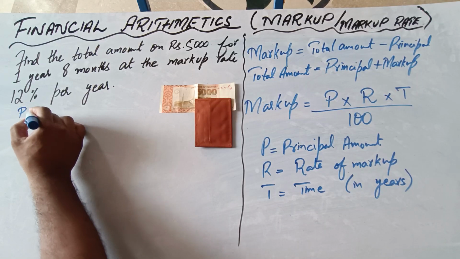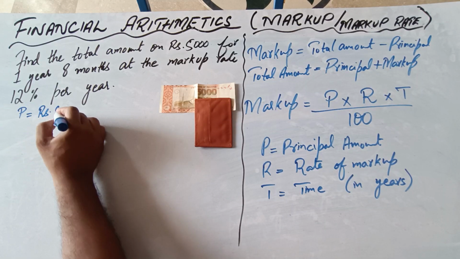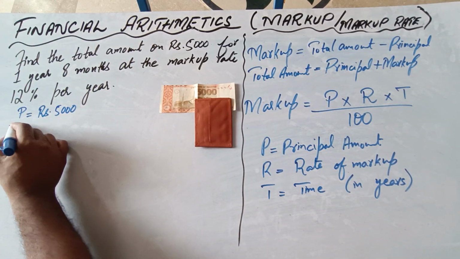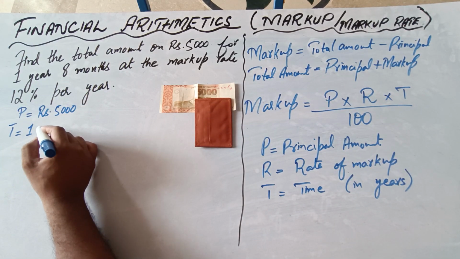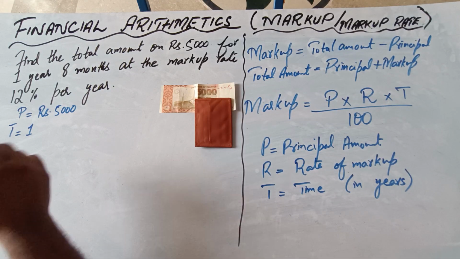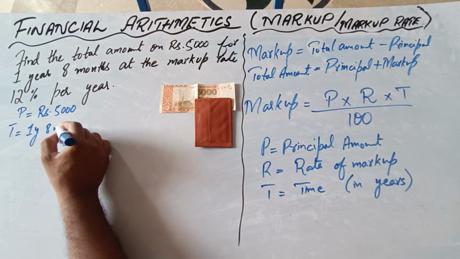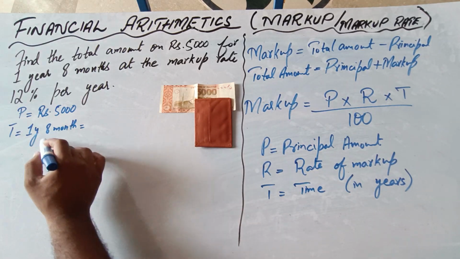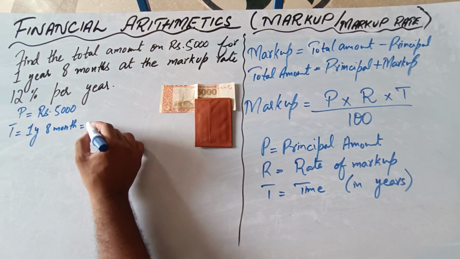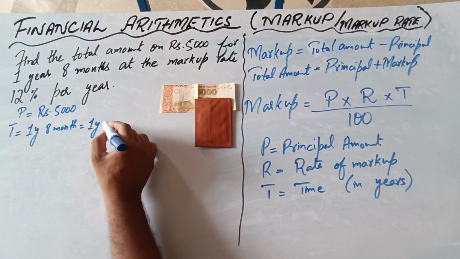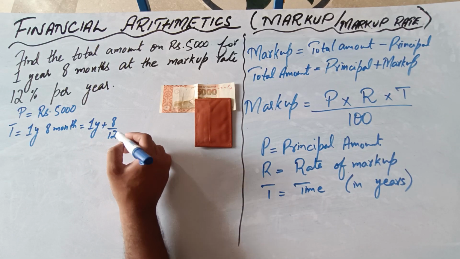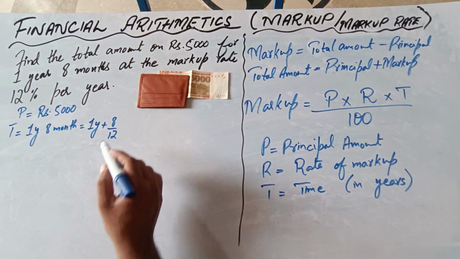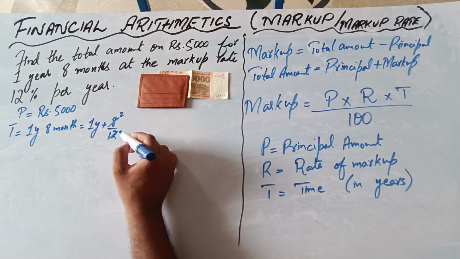So let's make the data. Principal is equal to rupees 5,000 for 1 year and 8 months. So time is 1 year and 8 months. As I have discussed over here, the time should be in years. 8 months, we need to convert. So 1 year will remain as it is, plus from month to year, we divide by 12. 4 2s are 8, 4 3s are 12.